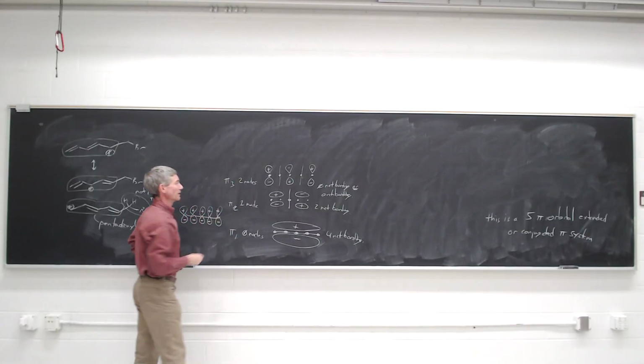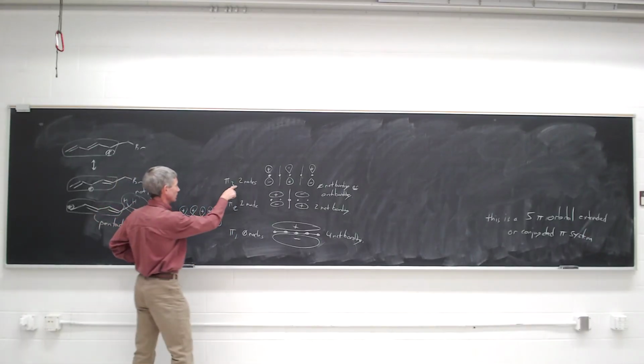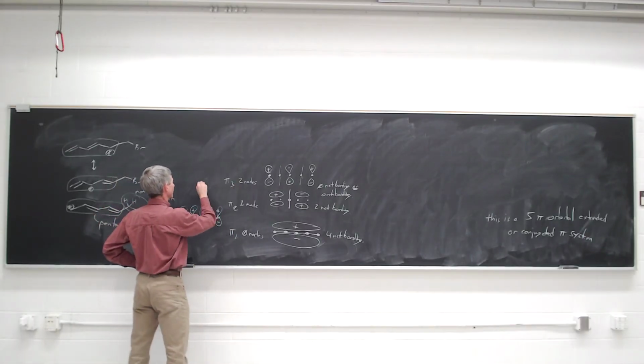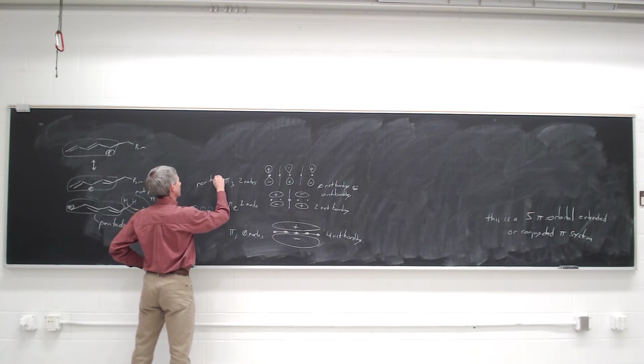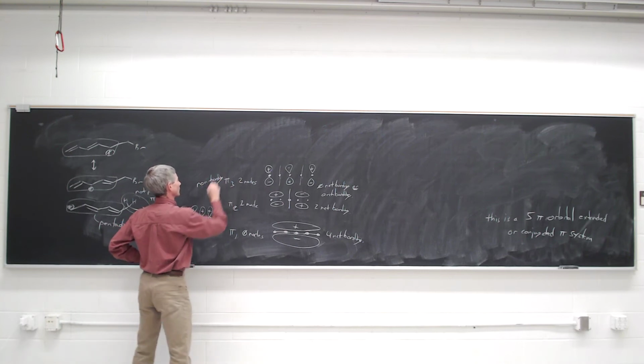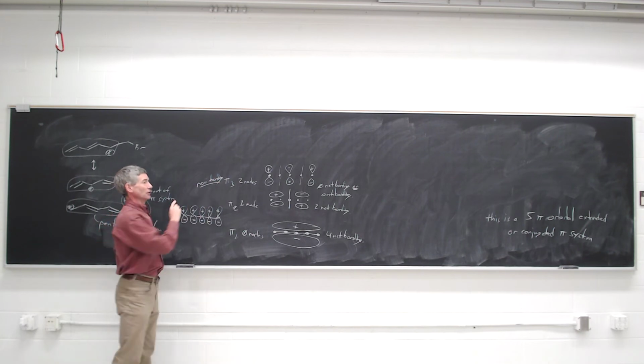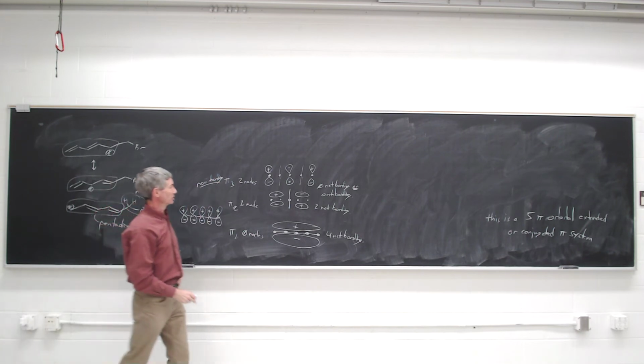Because there are no net bonding or anti-bonding interactions, this will be a non-bonding orbital. And will actually have the same energy as the original p orbital energy levels.